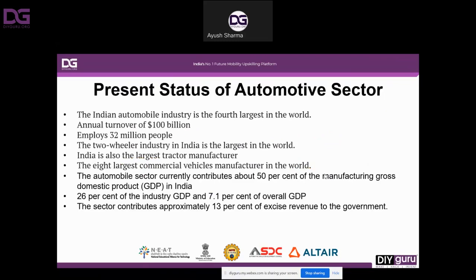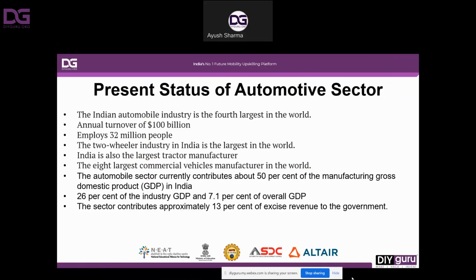if we see the present status of the automotive sector, we will see that the Indian automobile industry is the fourth largest industry in the world. Okay, so now we can analyze that in India this automobile industry is having a large scale.